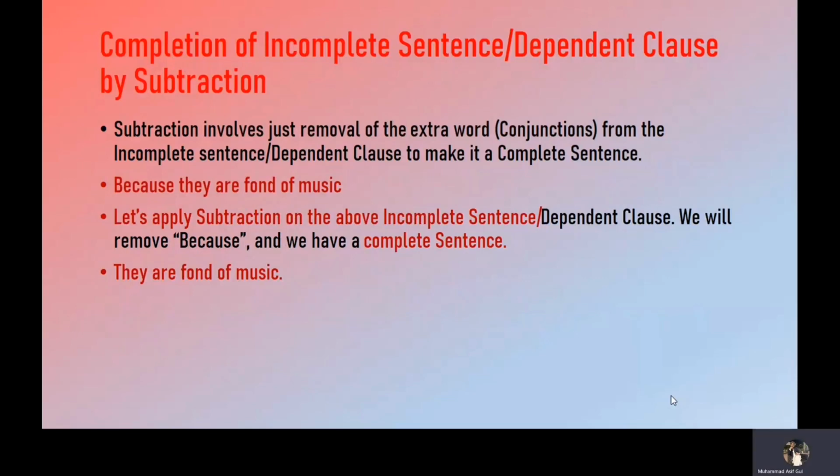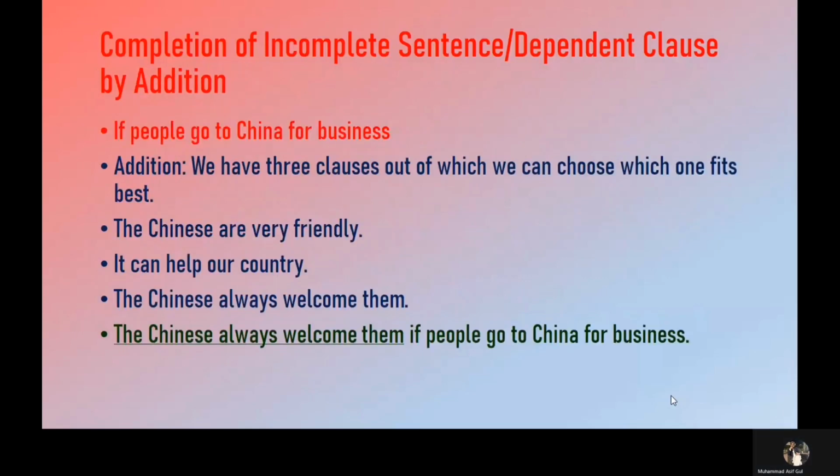Let's apply it on another sentence. If people go to China for business. We will try to complete it by addition first. We have three options here. The Chinese are very friendly. It can help our country.